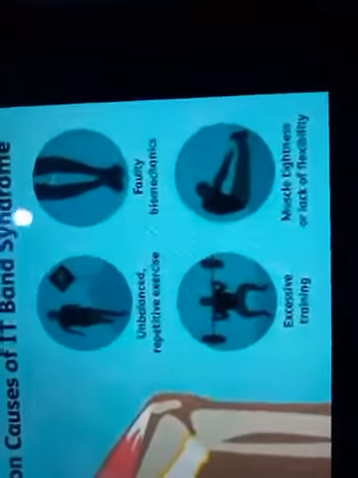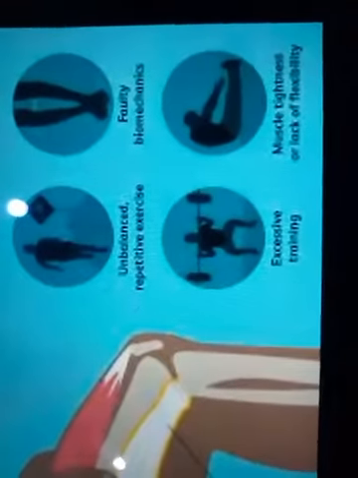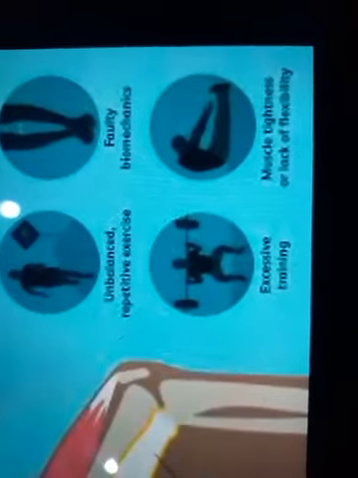Okay, another one. So we can see that mainly people who do weightlifting can also be affected. They go down beyond their limit, and then they could have iliotibial band syndrome.